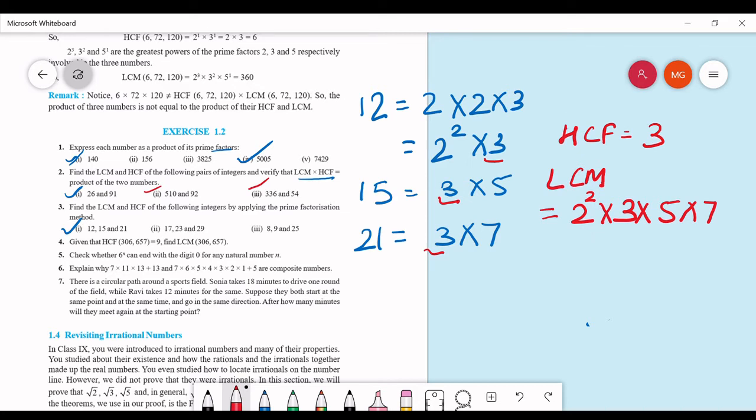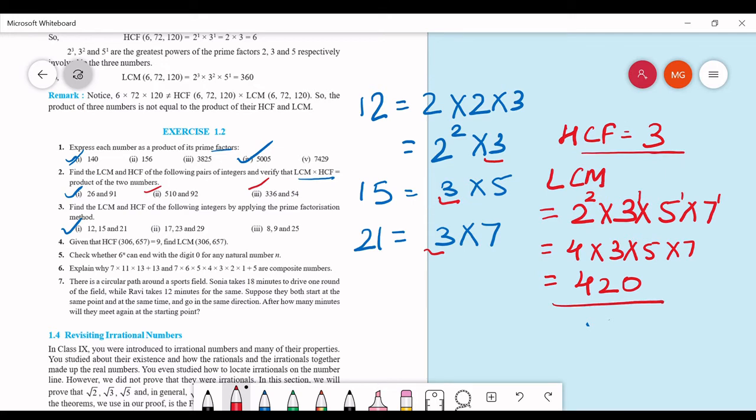For 3 it is 1, for 5 it is 1 as well, and for 7 also it is 1, right? So clearly your LCM will be 2 squared, that is 4, multiplied by 3 multiplied by 5 multiplied by 7, and this will give you 420. So your LCM is 420 and your HCF is 3, right?